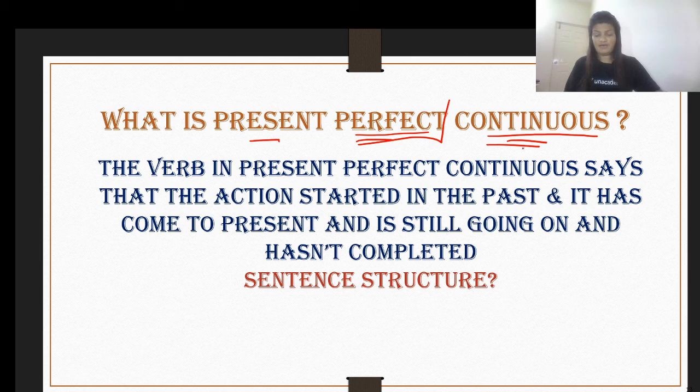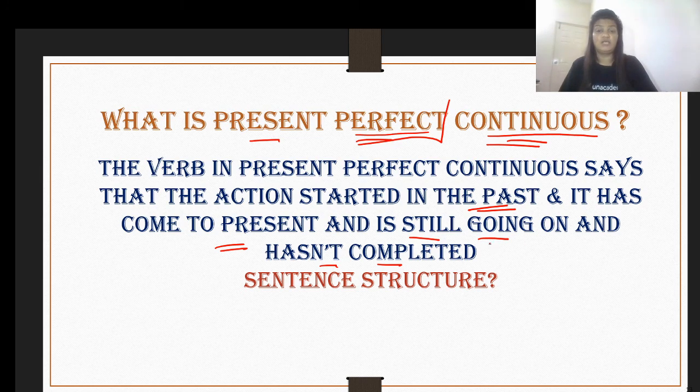Now here we have the combination of perfect and continuous both, which means that the verb in present perfect continuous says that the action started in the past. It started way back in the past and has come to the present and is still going on and has not completed.